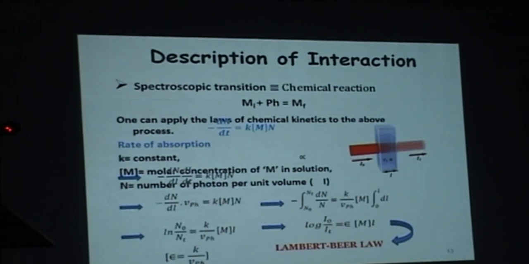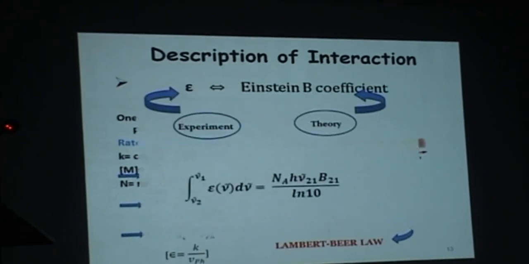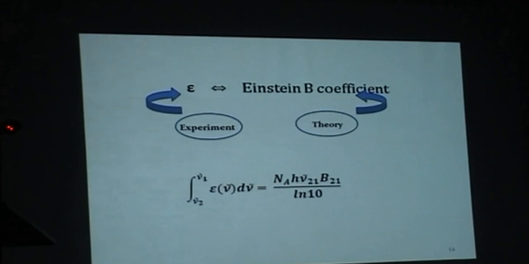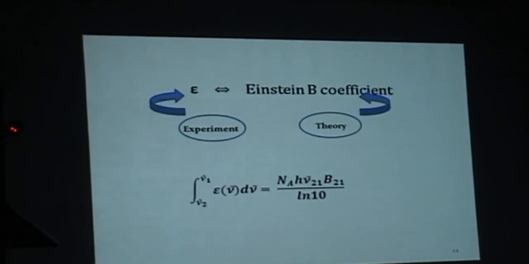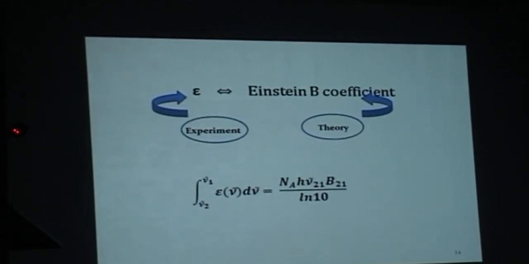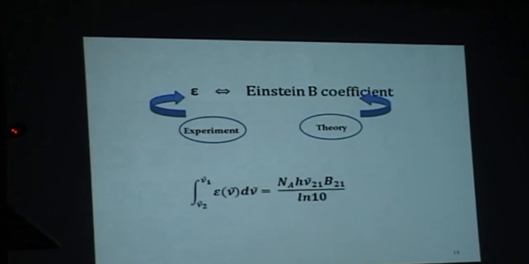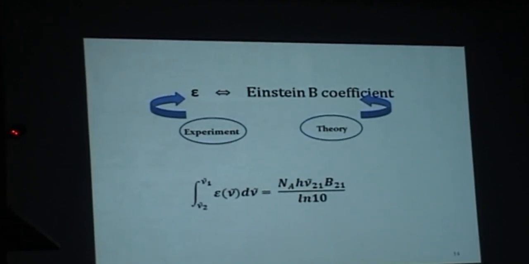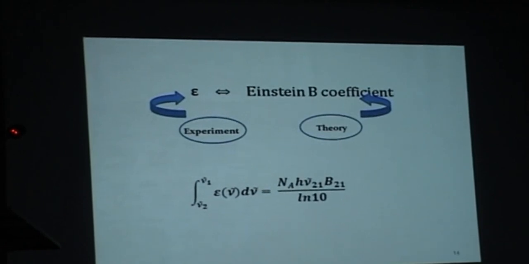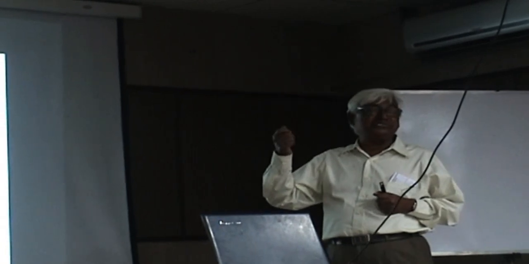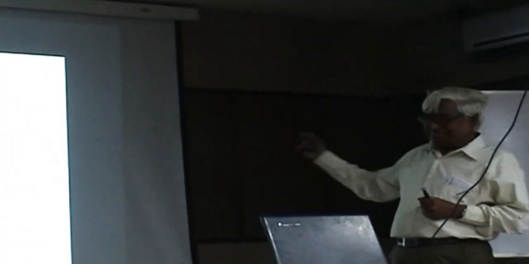So experimentally one can determine epsilon, and Einstein's B coefficient can be calculated theoretically using quantum mechanical perturbation theory. So here we have a platform where one can measure a quantity experimentally and compare with the result obtained from the calculations. This is the relation.